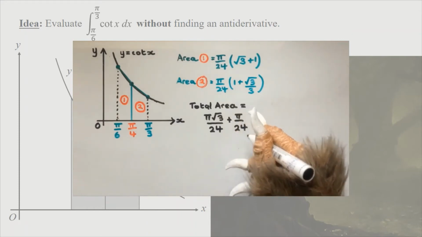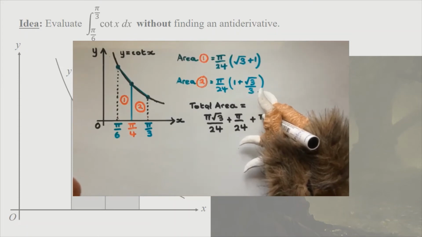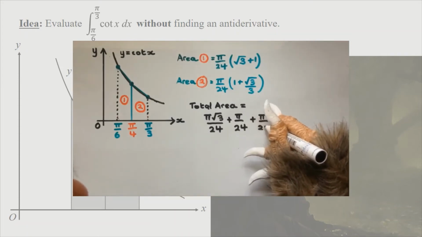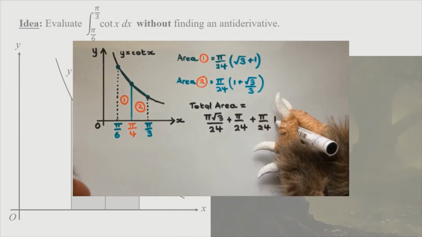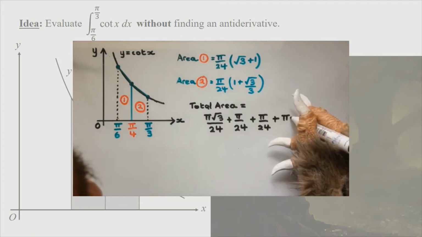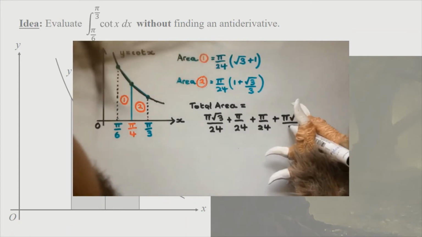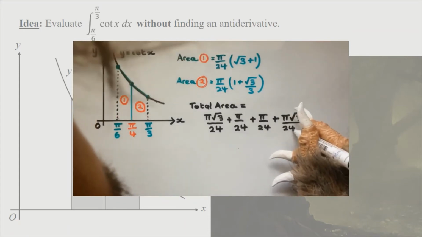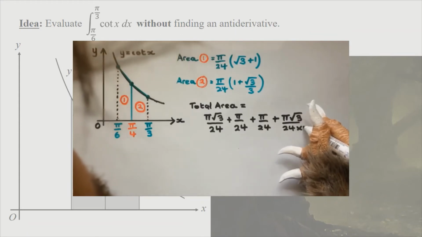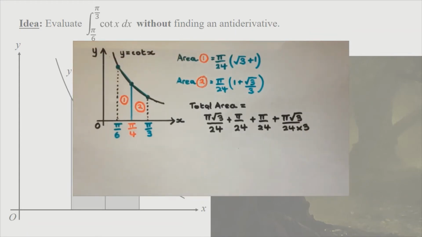So that's the area of 1, and then I'm going to add the area of 2, so that's going to be plus pi over 24 again for the first term, plus pi root 3. Now I'm going to write it as 24 times 3 on the bottom. I'll explain why in a second. There we have. So we've got 4 terms.